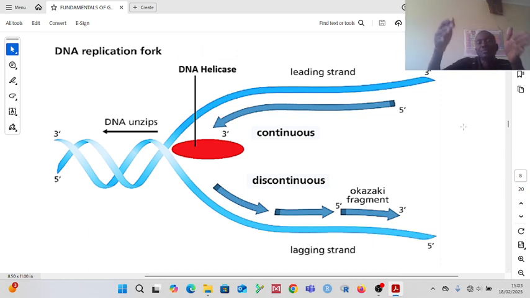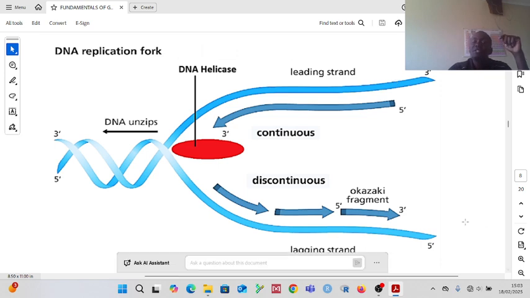It's creating short pieces. So the strand on which elongation is happening in a continuous way, usually that is the strand where elongation is happening towards the replication fork. So we call the strand which is being used as a template the leading strand.